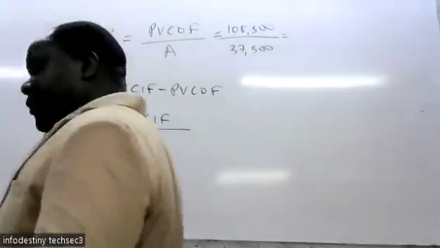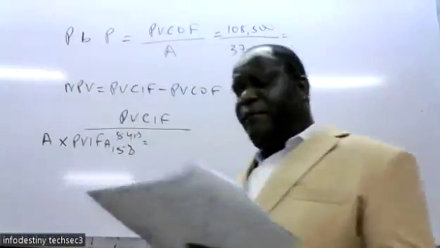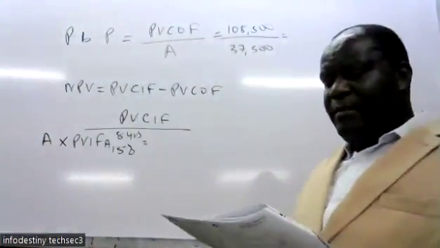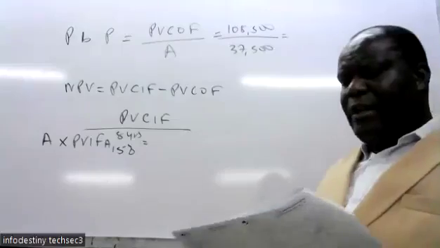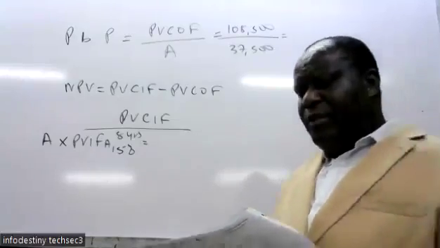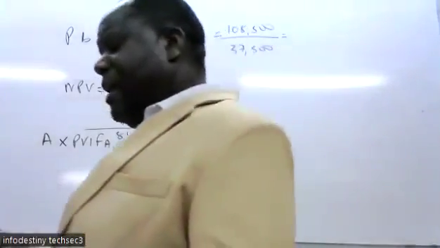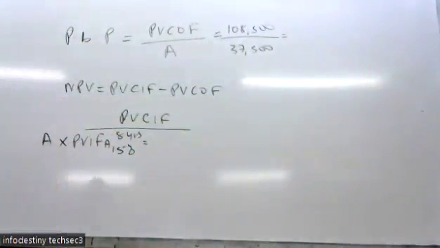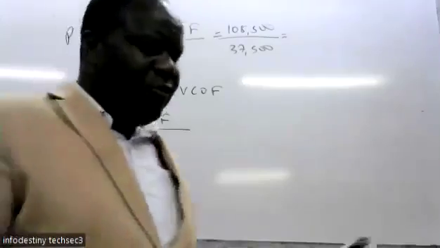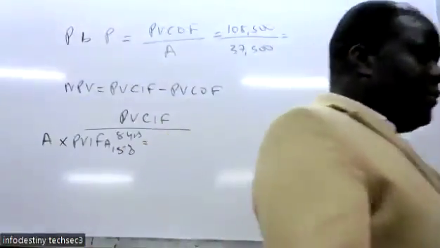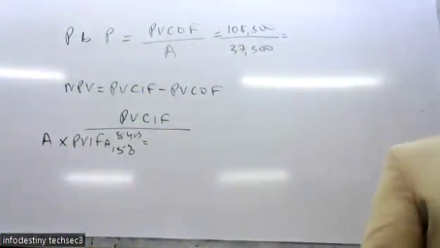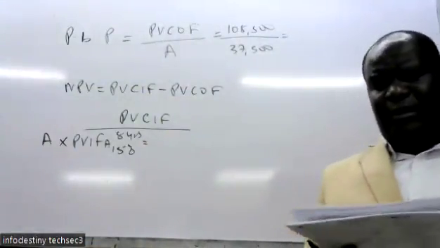For 8 years, because you can see in the first paragraph they say that Brand Limited has found out that after only 2 years of using the machine, a more advanced model had arrived in the market. The advanced model is expected to increase the output. The existing machine was being depreciated using the straight line method over 10 years.